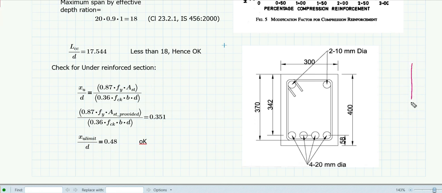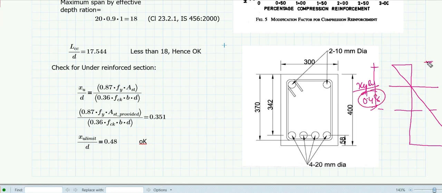Let me draw it properly. The stress diagram is over here. So the neutral axis, Xu limit by d, you will get as 0.48.